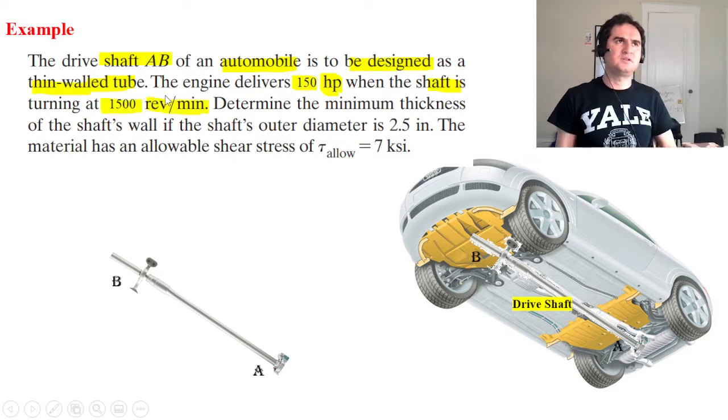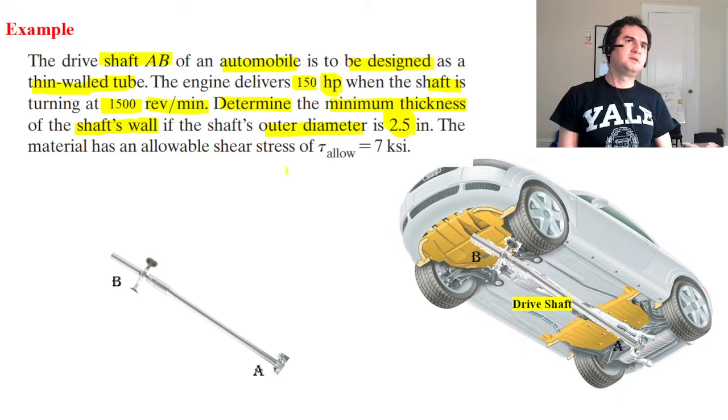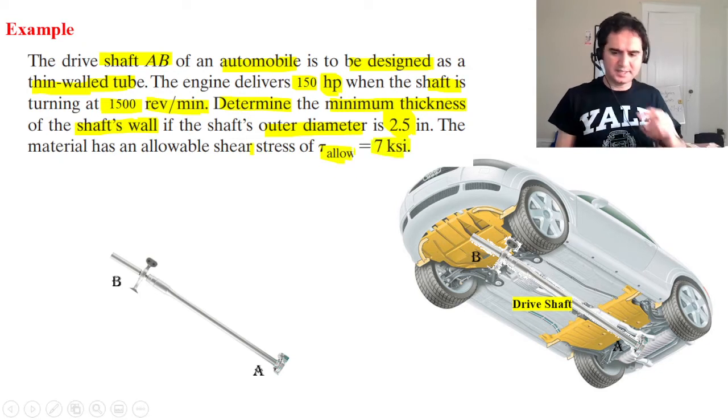That's the angular velocity. Determine the minimum thickness of the shaft's wall if the outer diameter is 2.5 inches. The allowable shear stress, shown by tau allowable, is 7 ksi.